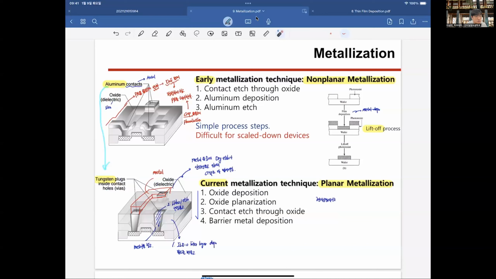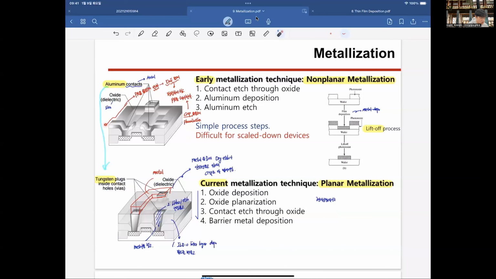Okay, metallization is separated into the early and current. The past time used the non-planar metallization. Non-planar metallization is literally a non-planar state, and we contact the metal and that surface.